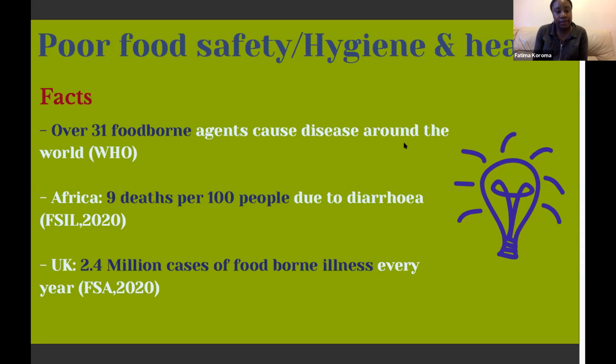In Africa, many people die through diarrhea. When they eat contaminated food and get diarrhea, which is really bad, 9 deaths per 100 people happen. So many people die just from simple diarrhea, because they eat food contaminated with one of these agents.